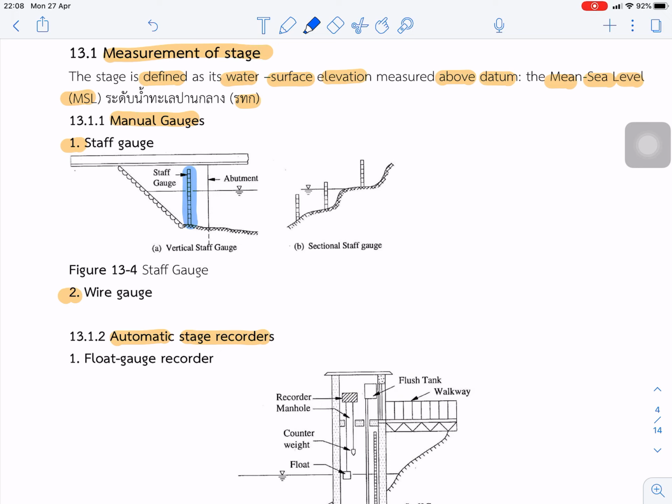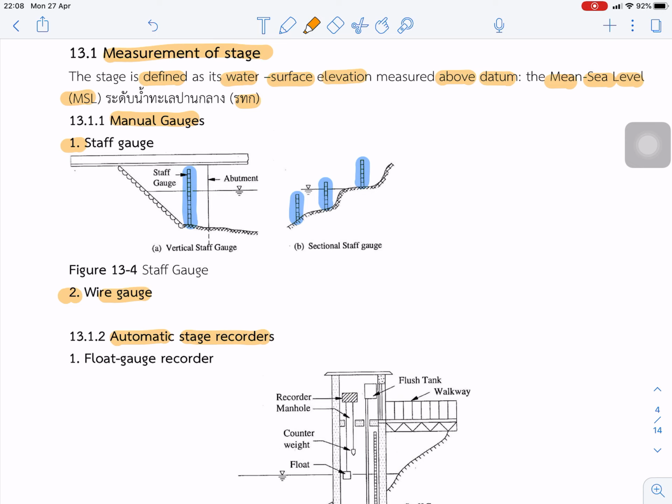If the depth of the river is very deep, we can divide it into different segmental stop gauges, too many stop gauges. And for the wire gauge, we put the wire from the bridge to the river to measure the depth of the water.